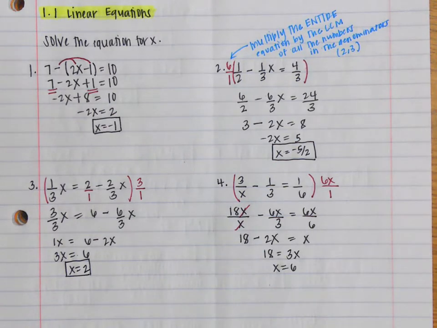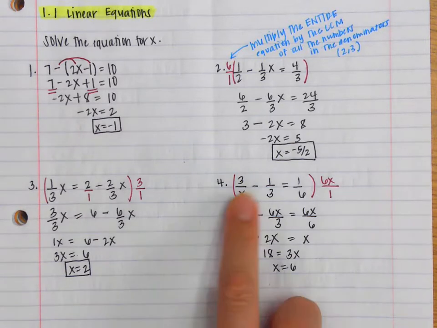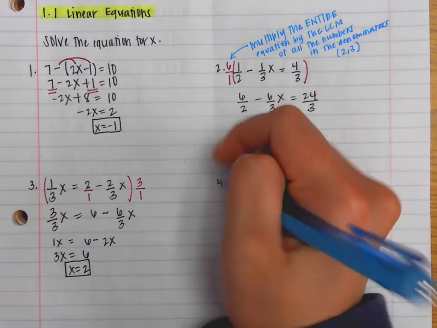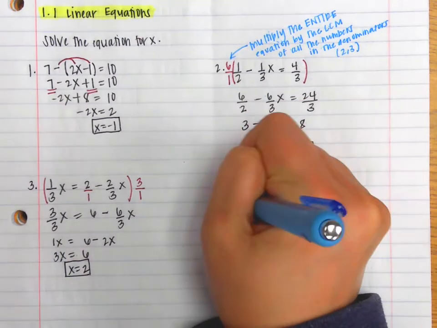Now there is one new thing with this problem. That one new thing is the fact that we have a variable in the denominator. When there is a variable in the denominator, we need to check the solution. So let's write that down to remember.